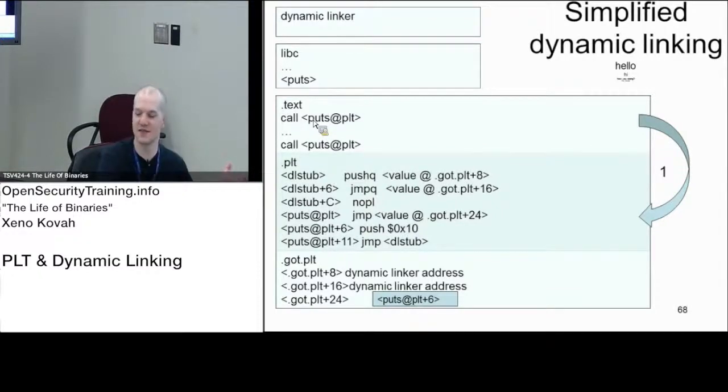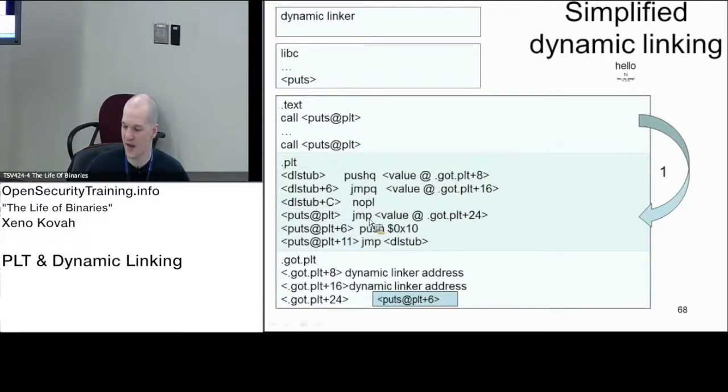Linux uses AT&T syntax. Windows uses Intel syntax. So rather than the square brackets that I was showing you before, we've got these angle brackets. So call puts@plt is going to be calling down to here, this puts@plt.